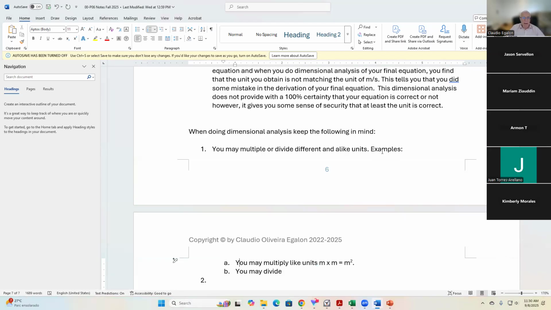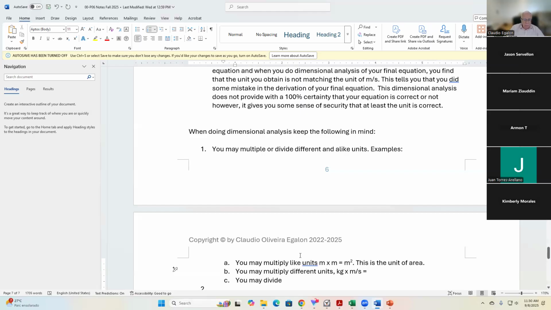You may multiply like units. This is the unit of area. You may multiply different units, okay? Like for instance, kilogram times meter per second. You can do that. Yeah, you can do that.